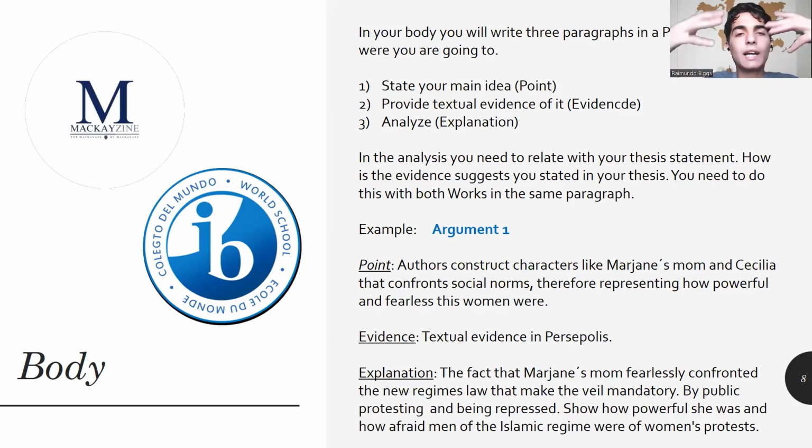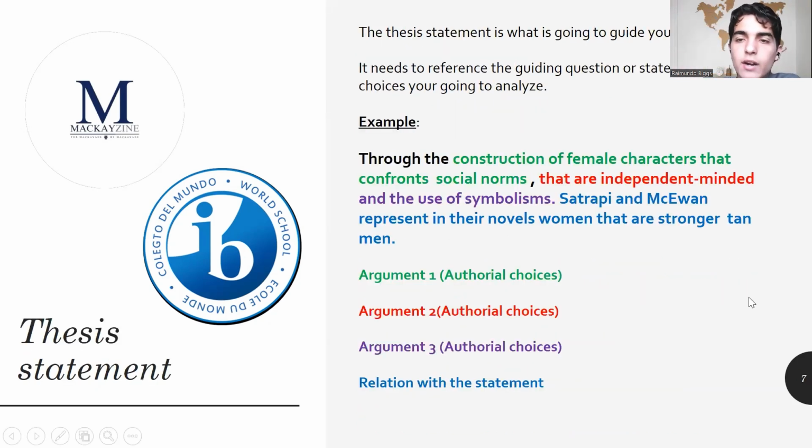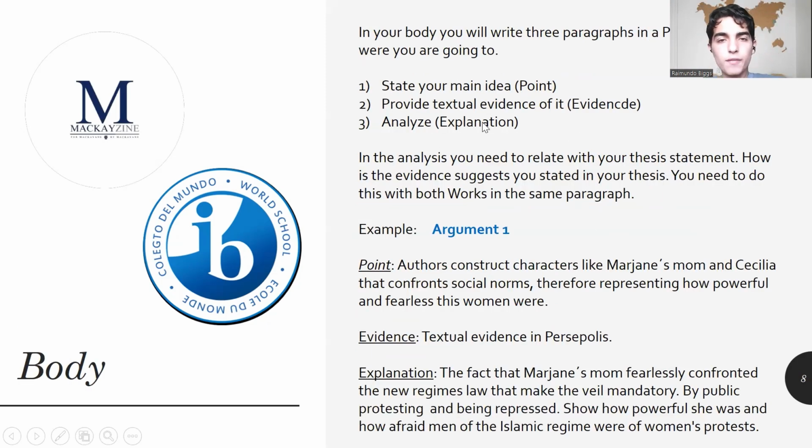And then you do the analysis, and this is important. In the analysis, you need to relate your evidence with the thesis statement. How your evidence suggests what you have stated in your thesis. So, for example, if in my argument 2, I say that McEwan and Satrapi construct independent-minded women, I give examples of it in the novels.